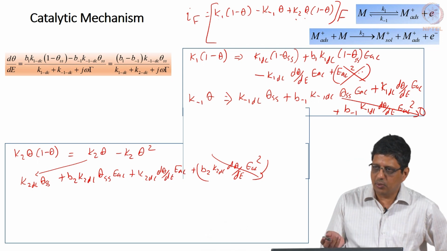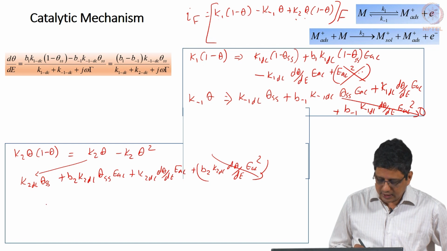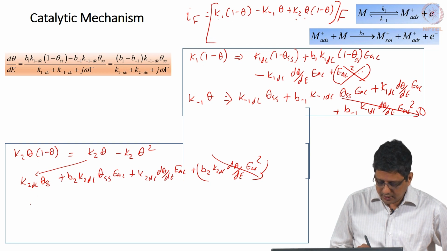It is just like writing k1, k minus 1, whatever, into theta. Second one, you are going to get k2 theta square. First I will write the steady state part.